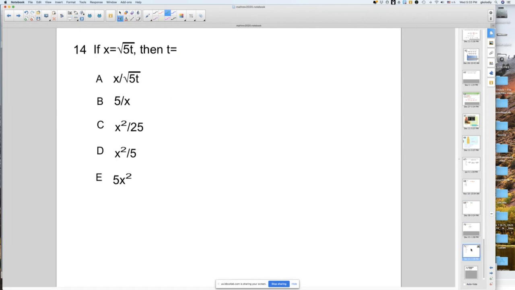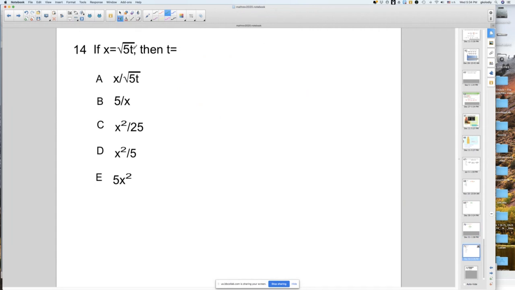But how about if you find yourself in an equation of this form, and you want to solve for something that's under the square root? Well, let's see if you guys can do it. Take a minute or two. So you want to solve for t.